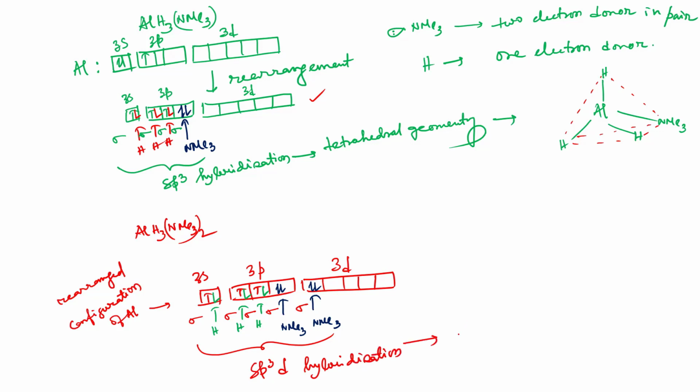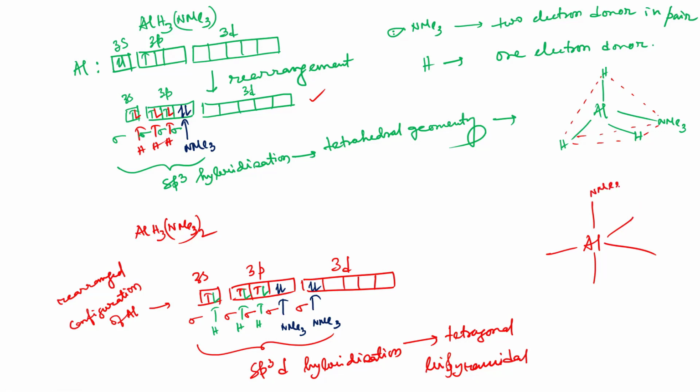And the geometry corresponding to sp3d is trigonal bipyramidal. The structure will look like this: these are axial and these are equatorial.